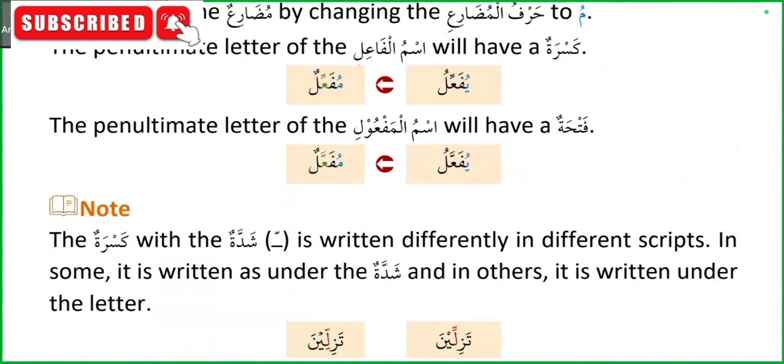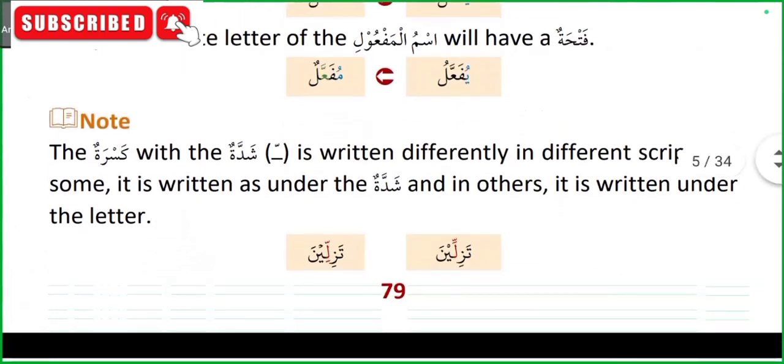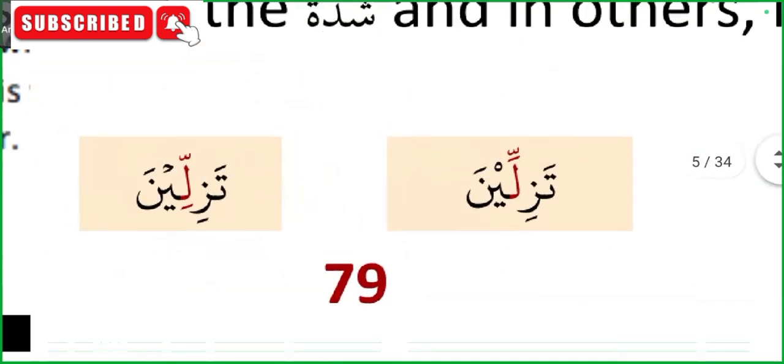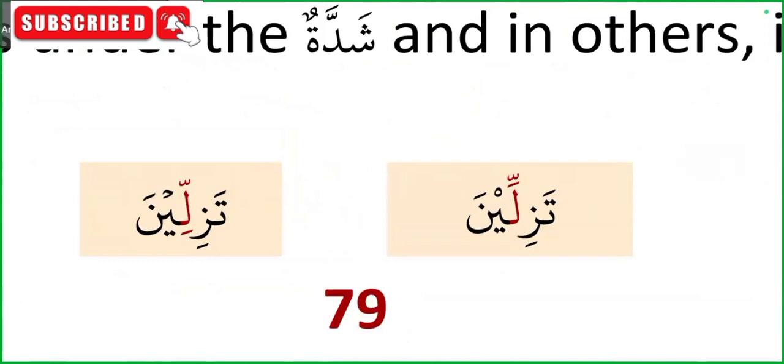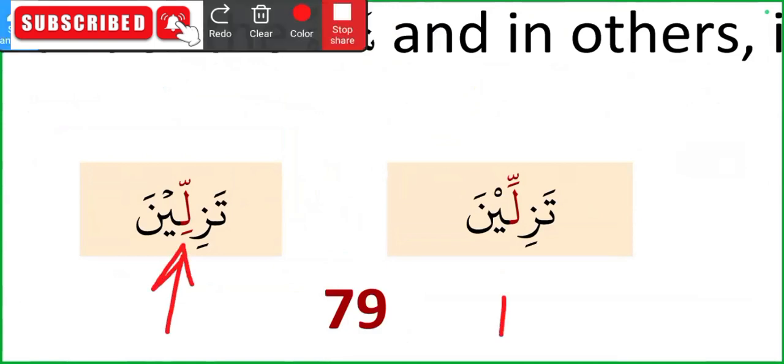In some, it is written under the shadda, and in others, it is written under the letters. For example, tazillina or tazillina. Both are the same. Only the kasra here is below the letter, and there it was below the shadda.